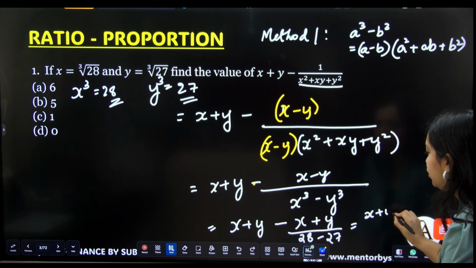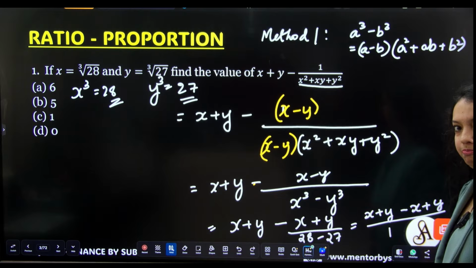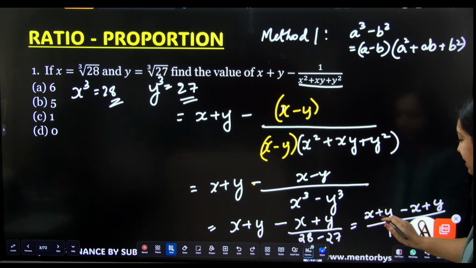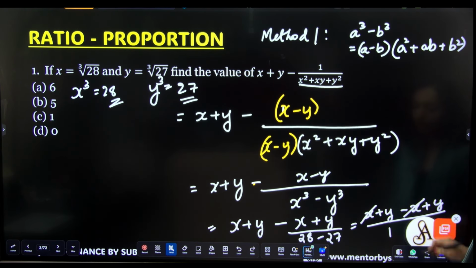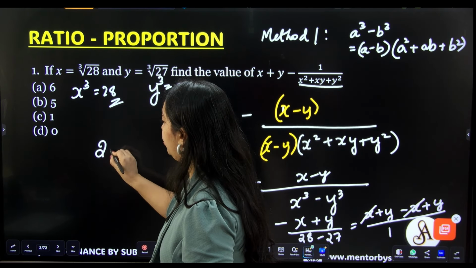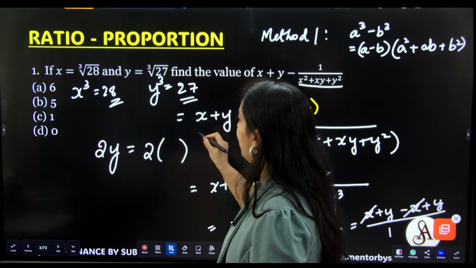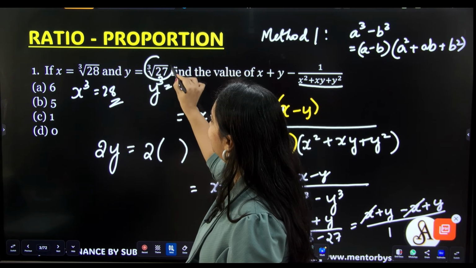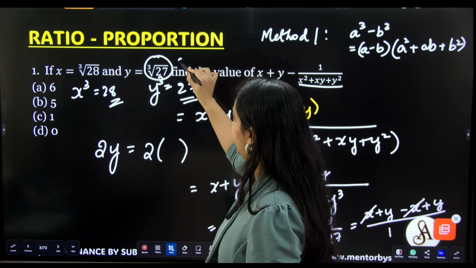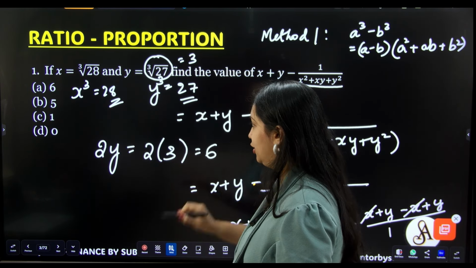We have x plus y minus x plus y divided by 1. Check the numerator now. As x minus x gets cancelled, I have y plus y. Y plus y is equal to 2y. What is 2y? 2 times y, and I found y value is cube root of 27, which is equal to 3. 3 twos are 6, so the final answer is equal to 6.